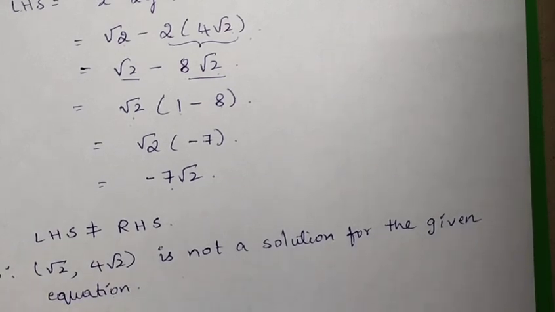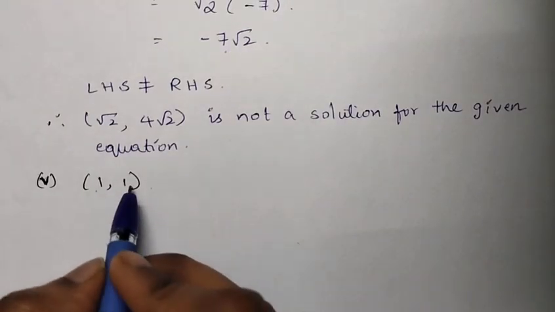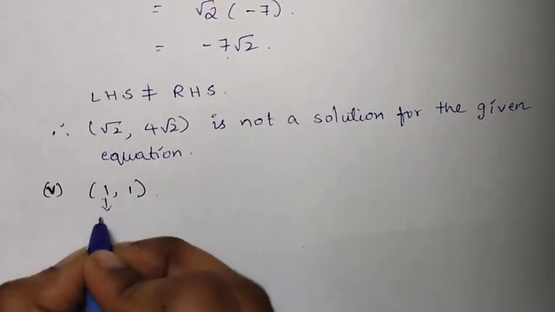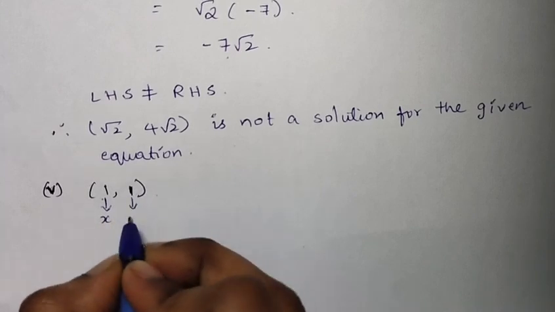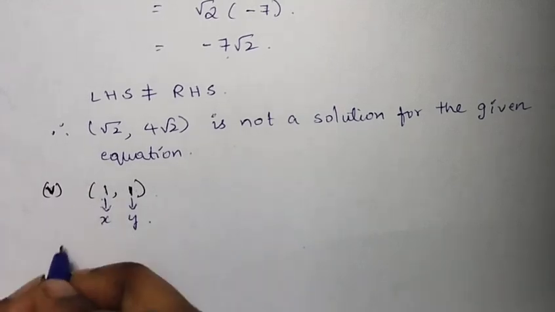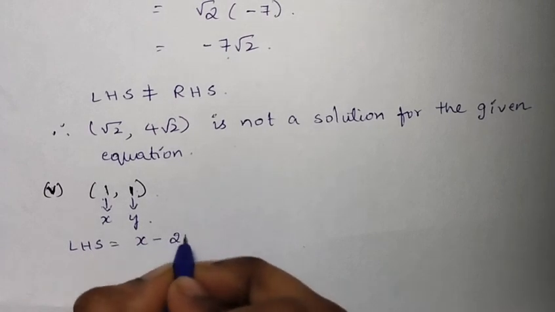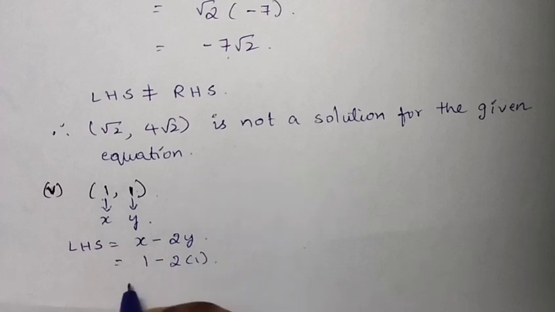So done with the fourth sub question. Now the next pair of values is 1 comma 1. As we already know, here 1 corresponds to the value of x, and the other 1 corresponds to the value of y. So x is equal to 1, y is equal to 1. The left hand side, LHS, in the given equation is x minus 2y. When I substitute the values for x and y, we can write it as 1 minus 2 into 1, which is equal to 1 minus 2.